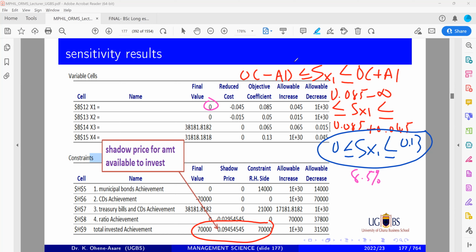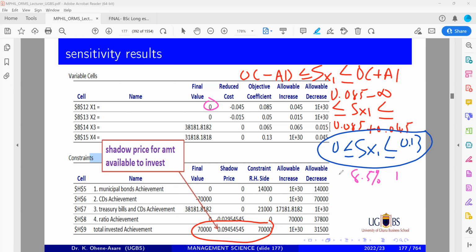If they were to increase the interest rate, Abaya, what's the maximum? So 0.13 would be the maximum they can get to. What did you say? Zero what? 0.13. Yes, very good. So just say 13%, okay?